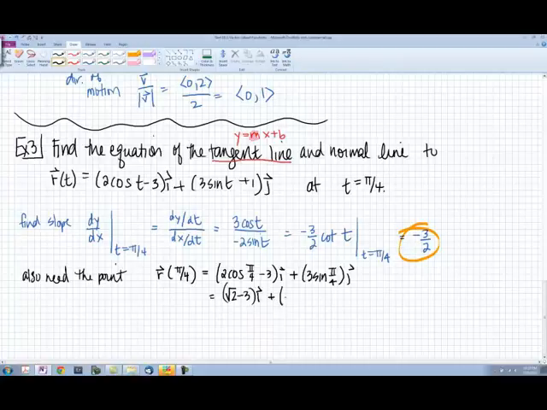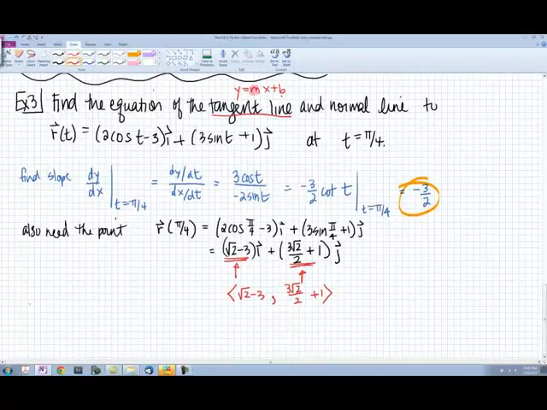And then I have 3 radical 2 over 2. Oops, I forgot something over here. Plus 1 times vector j. So this is our point. We have our x value, and then we have our y value, because you can think of this as a vector in component form as well.